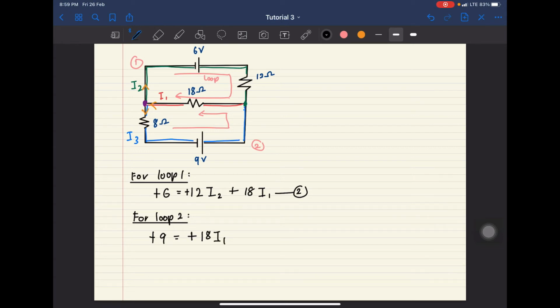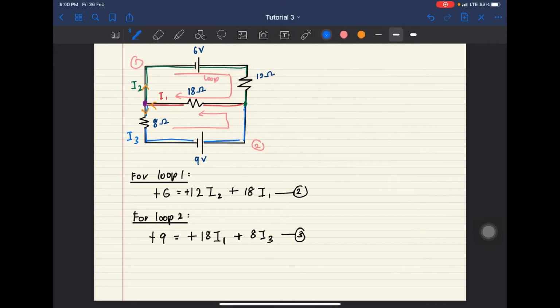Okay, for the last resistor will be positive as well because direction of currents pointing downwards, direction of loop going downward across the resistor. So positive 8 I3. Okay, so common mistake would be student mix up with numbers of current lah. I2, I1 dia terbalik sebab dia tak label properly.